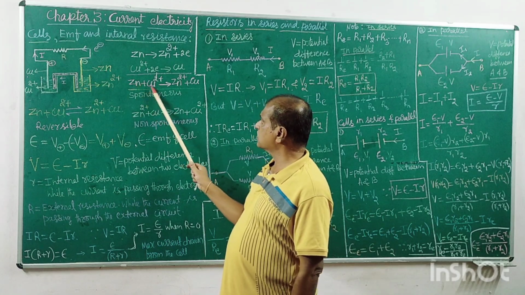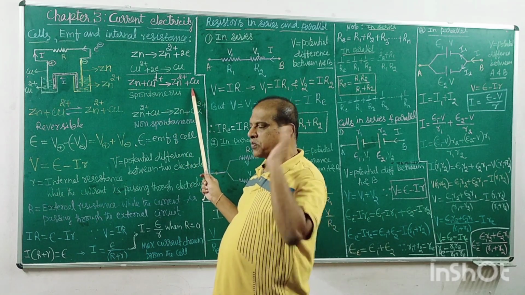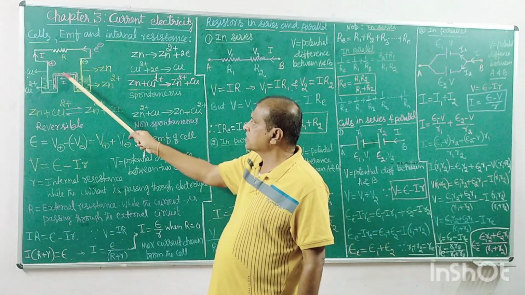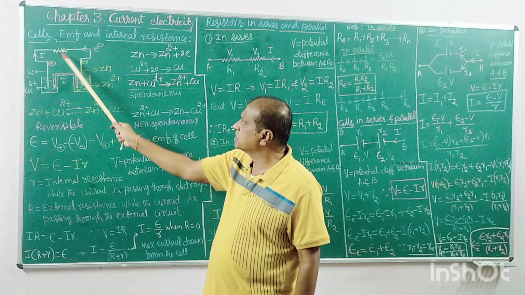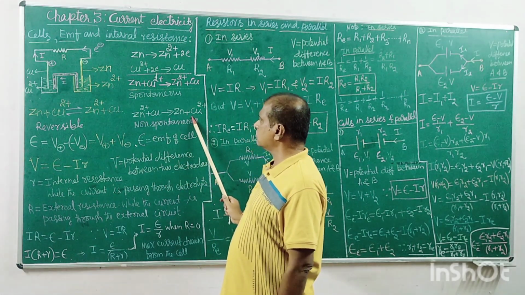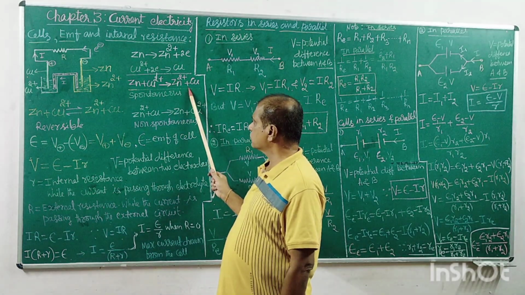This reaction, the spontaneous reaction, produces electric current. When you apply electric current in the opposite direction, that is, the current direction reverses, this reverse reaction takes place. This is exactly the reverse of this.